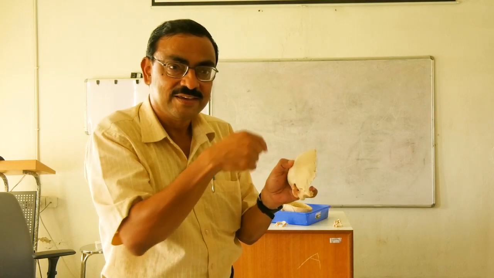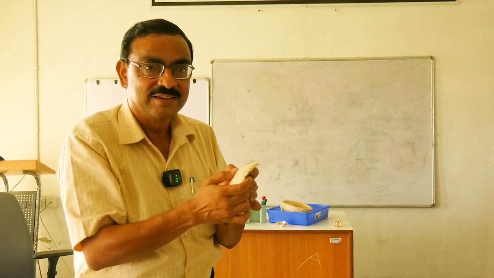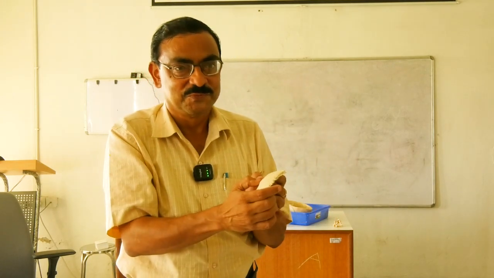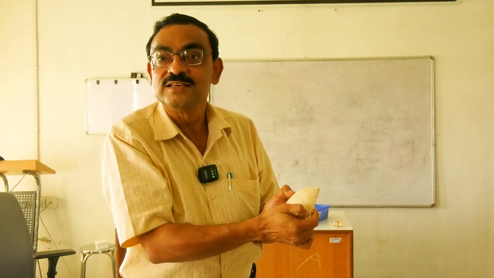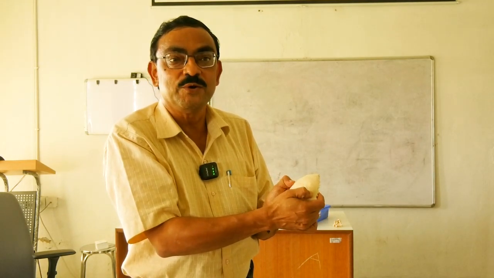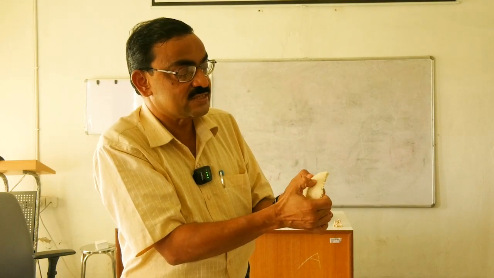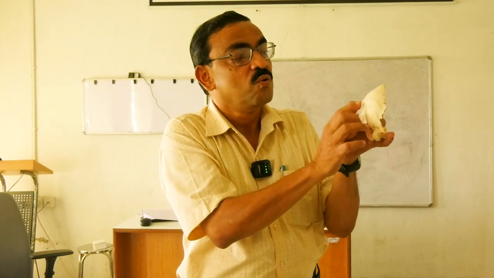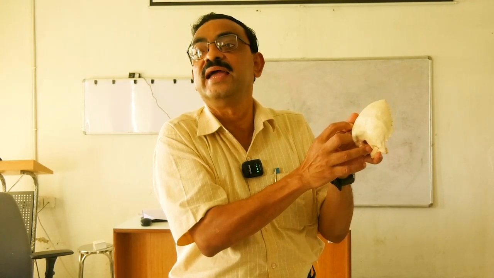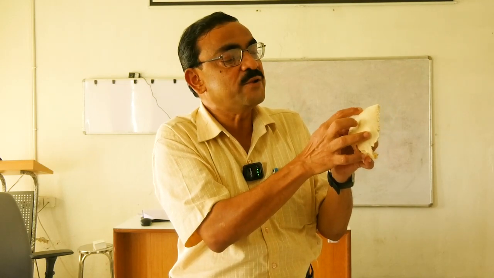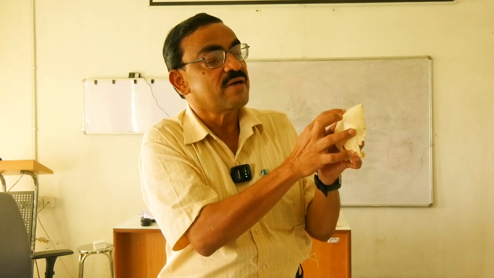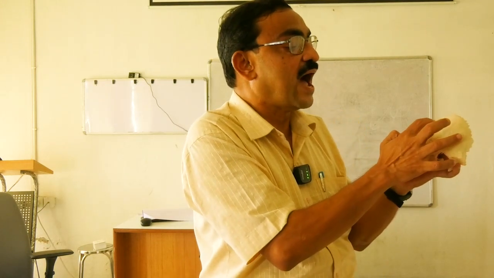So this is the superior nuchal line, and we can find another line arching above the superior nuchal line, which is called the highest nuchal line.